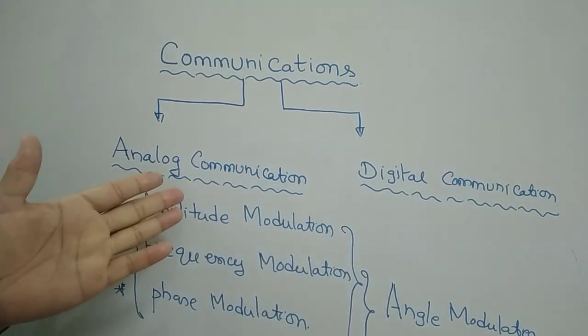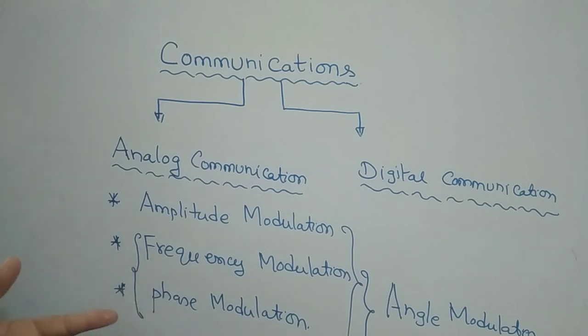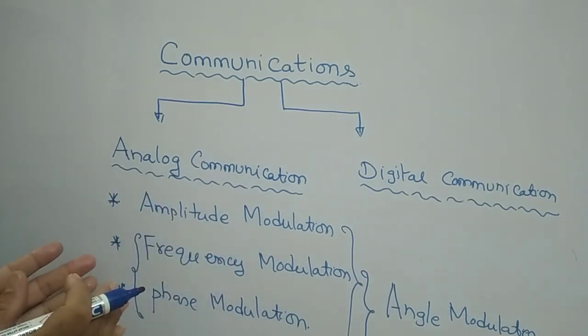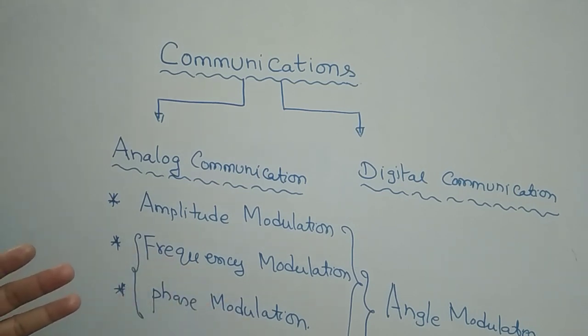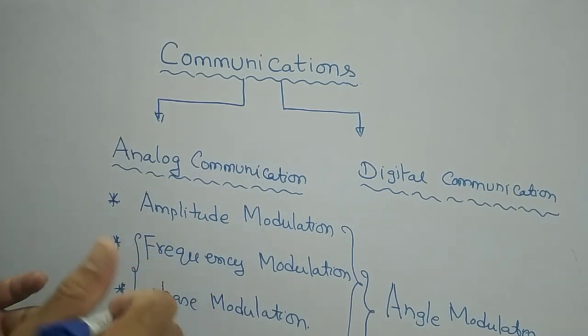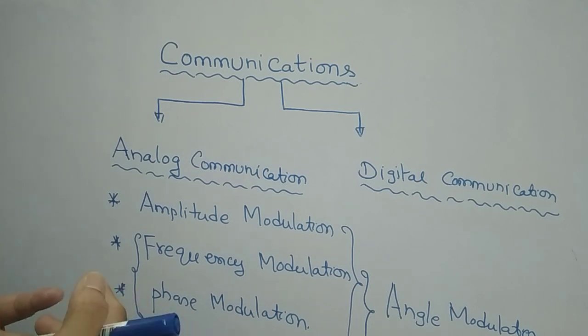Therefore, one is amplitude modulation, the second is angle modulation. Angle modulation is the combination of frequency modulation and phase modulation, because frequency and phase have a little bit of interrelation to each other, that's why these two are called angle modulation.